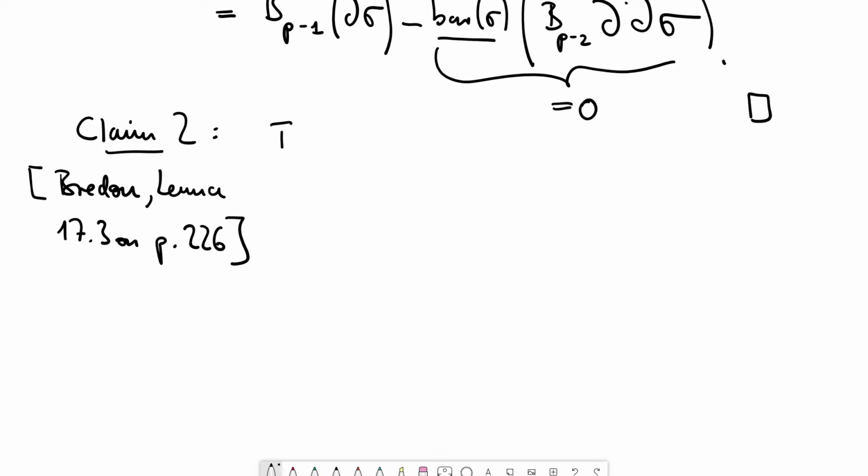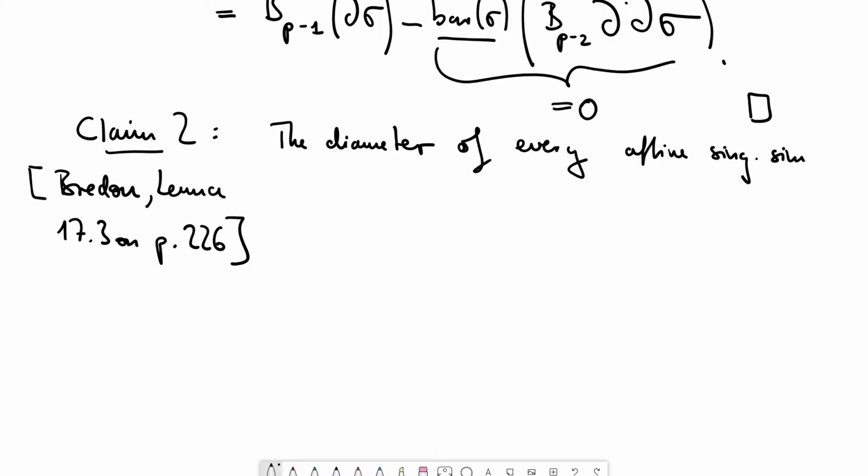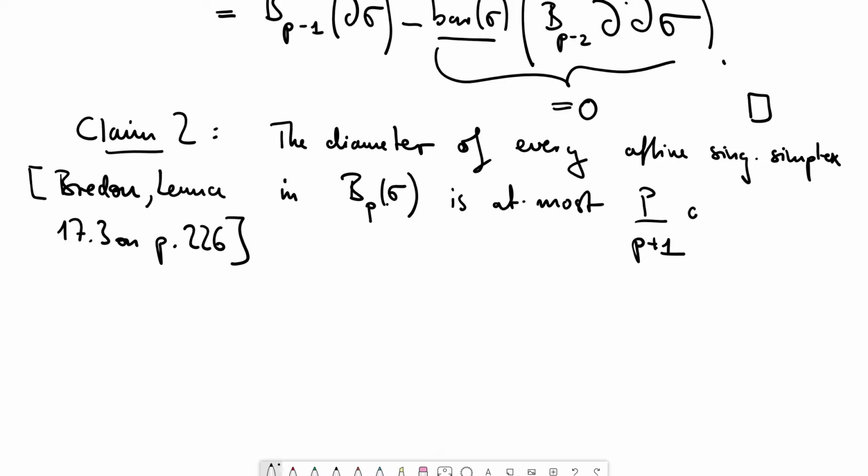So the claim is that the diameter of every affine singular simplex, so the image of that simplex, in the linear combination given by b_p sigma is at most p over p plus 1 of the diameter of sigma.